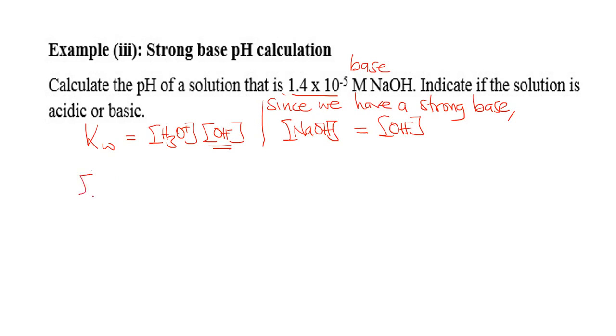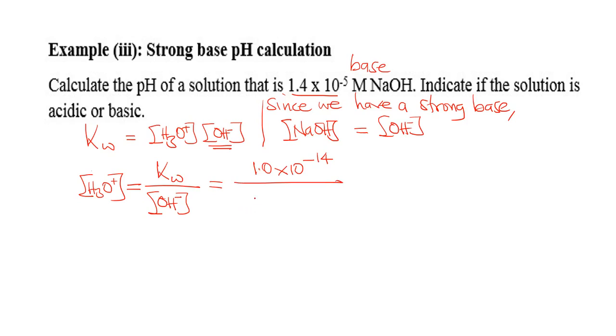So we can say, because we want to calculate pH, which means we need to determine the concentration of the acid, although we are given the concentration of the base. So the concentration of the acid is given by Kw divided by the concentration of the base. And we know that Kw is 1.0 times 10 to the power negative 14.